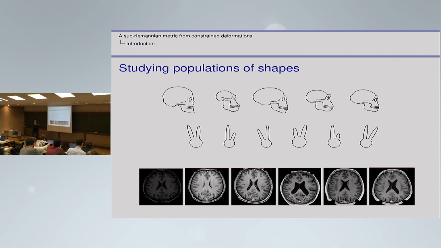So the idea is that we have a set of shapes, the rabbit head. We assume that we have a manifold structure on it, and the goal is to put a nice metric on this manifold so that this metric will measure how close or far two shapes are in a relevant manner.